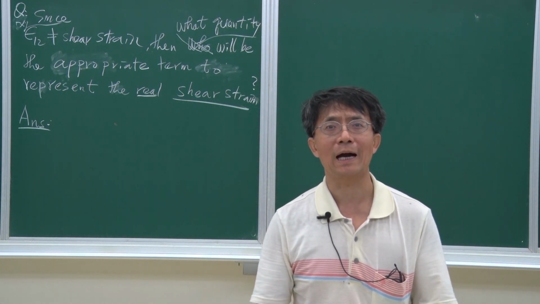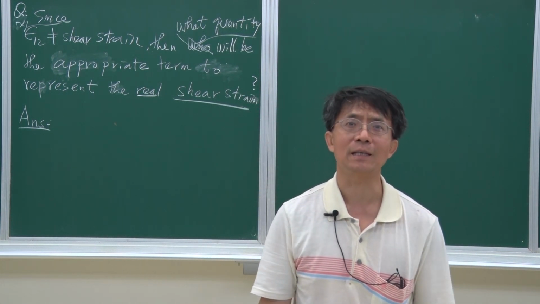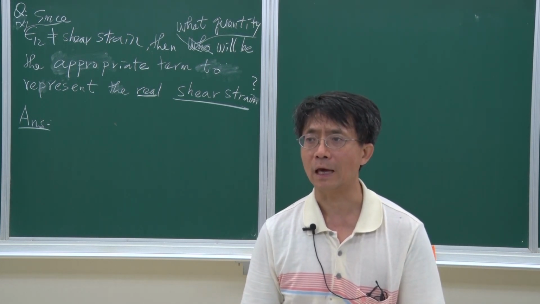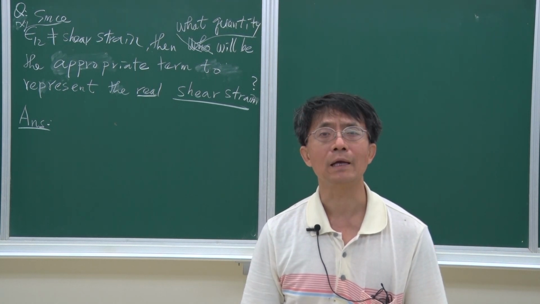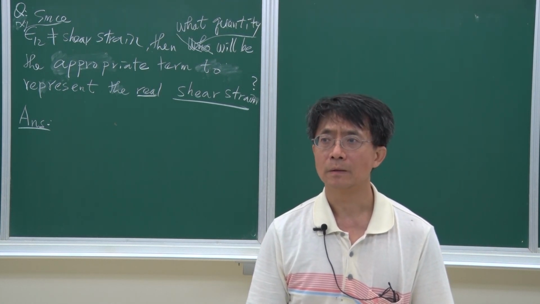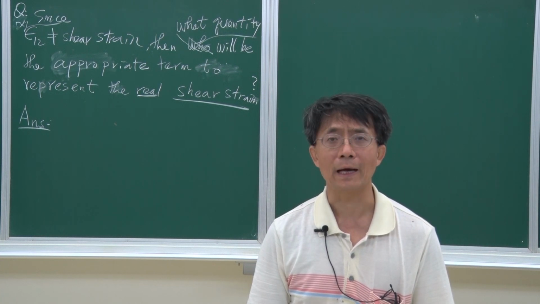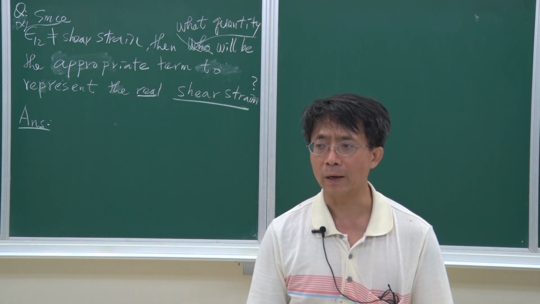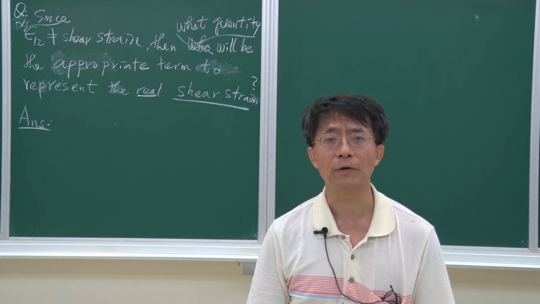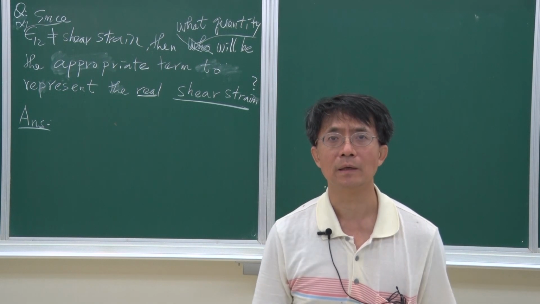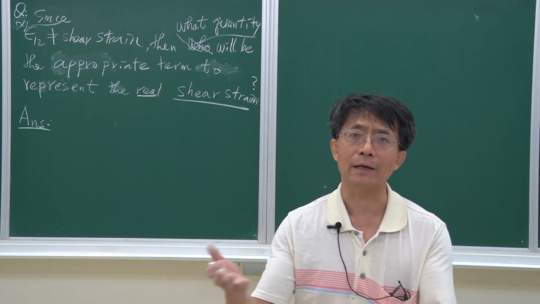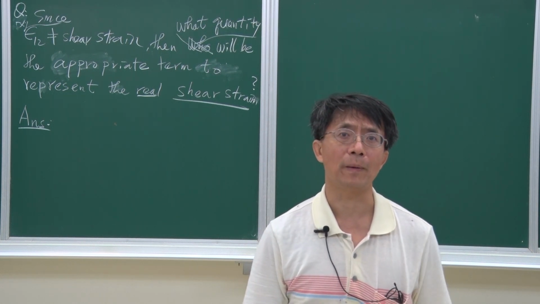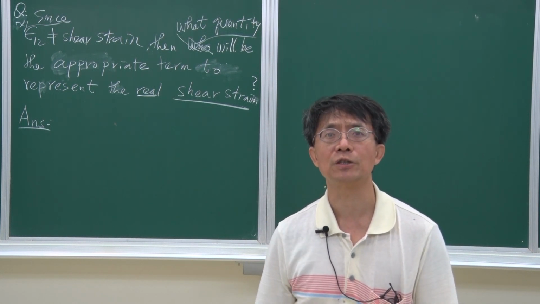But for those guys who study plasticity, it is an important subject to deal with because, as everybody knows, for many materials, when they suffer from plastic strain, or if inside the material there is some plastic strain, then such plastic strain must be induced by shear deformation.